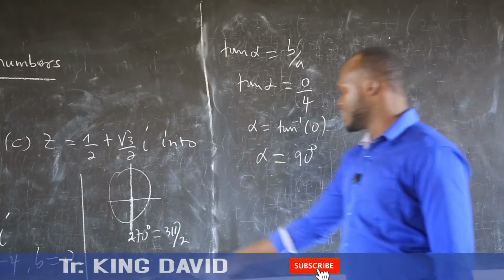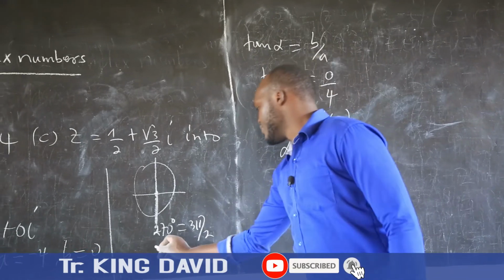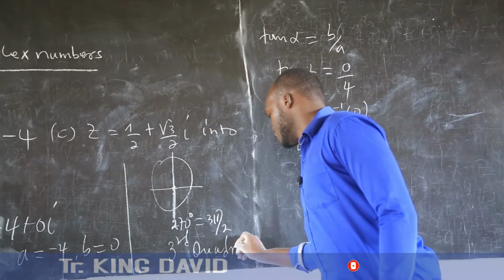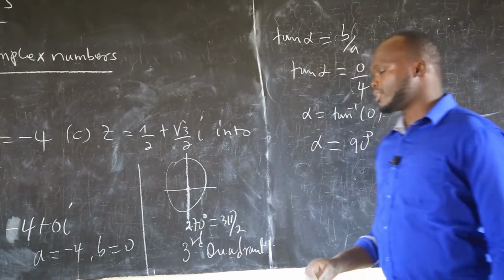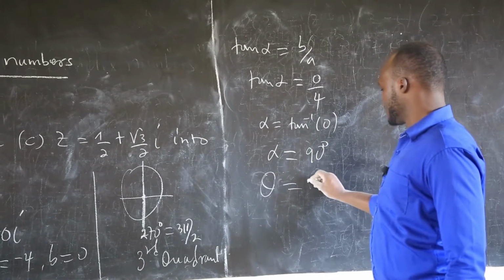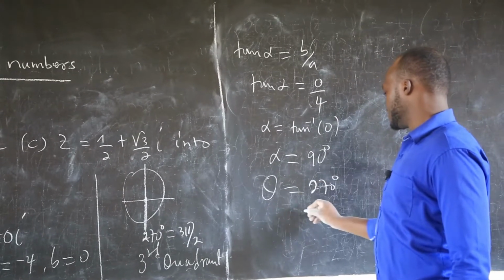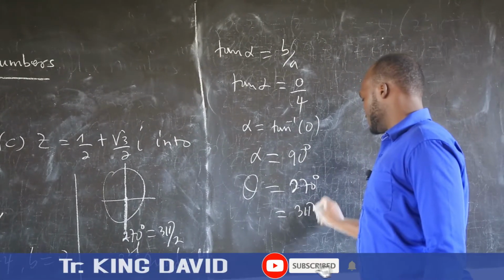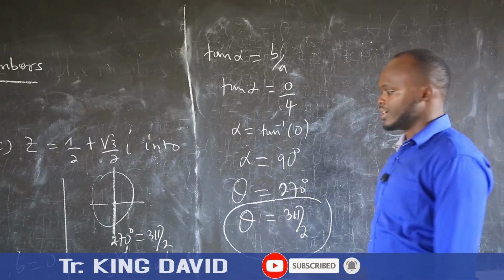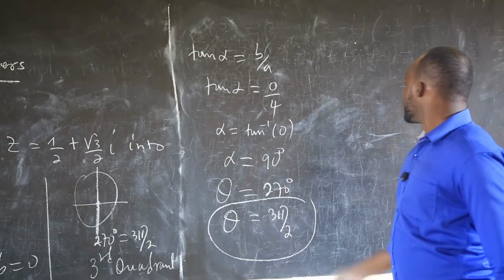But because it is in the third quadrant, our angle will be 270 degrees, which is 3 pi over 2. Because it is in what? Third quadrant.